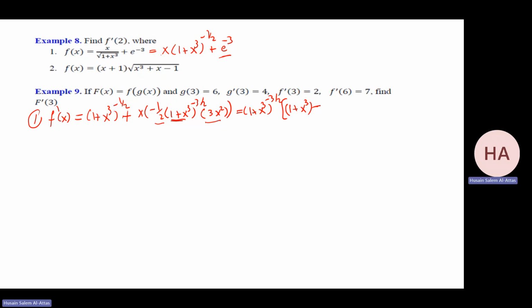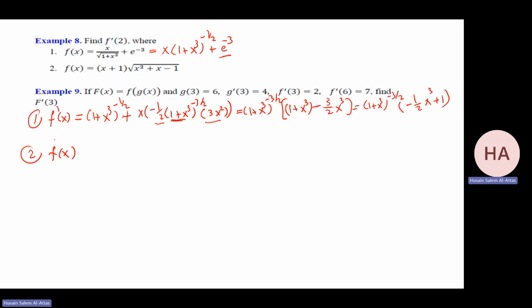So it will be minus 3 over 2x cubed. So that will be what? 1 plus x cubed to the power minus 3 over 2 times minus 3 over 2 plus x cubed minus half x cubed plus 1. Okay. Number 2, it's ready.